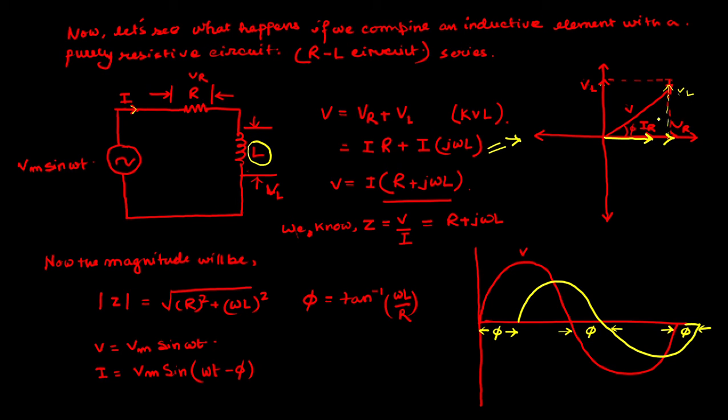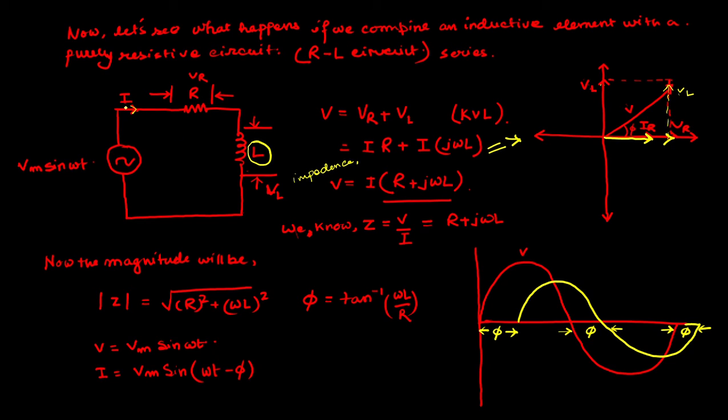We will be using this in a while, but before that we have to find the impedance of the circuit. So for impedance, V equals I times R plus j omega L, taking I common, where I is common in both cases as it is a series circuit.